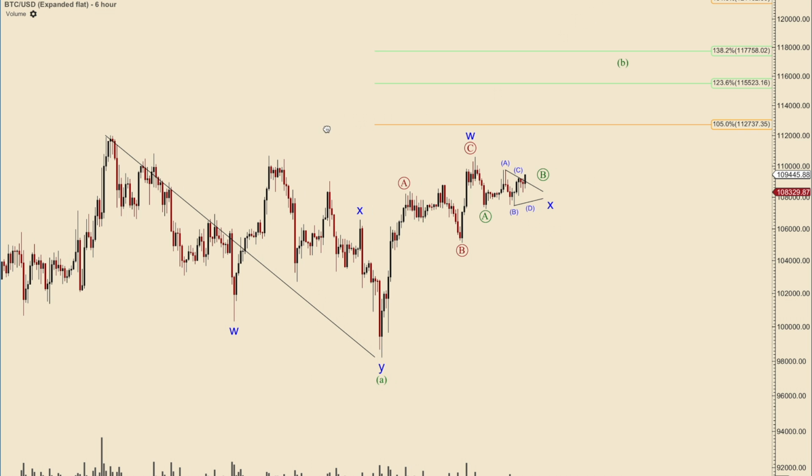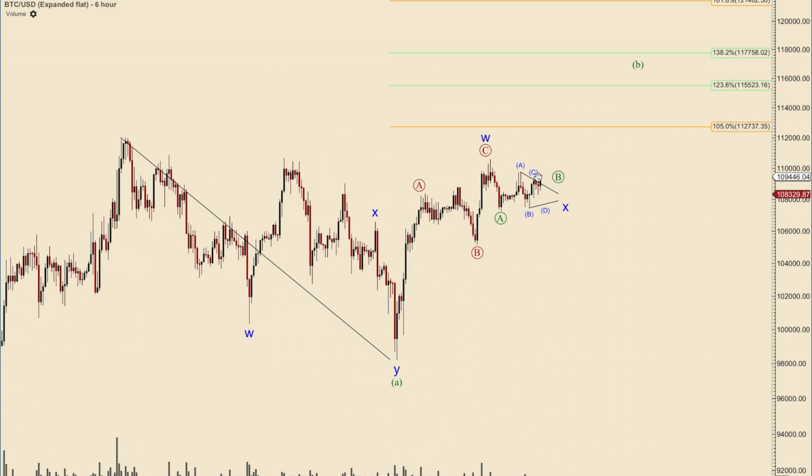Here we have the expanded flat, as I mentioned, and this is possibly a triangle. It could be something else as well. We don't know yet. We could have wave X over here, like finished. But wave X is a bit shallow.